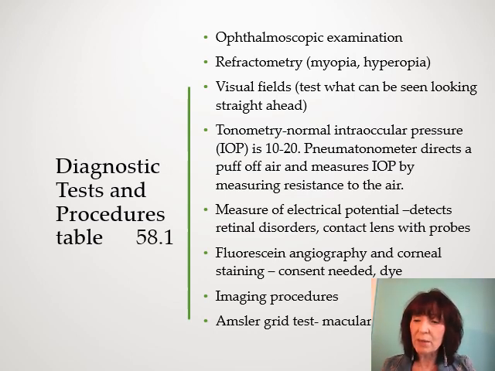Then we've got some imaging procedures that can be done, and the Amsler grid test. The Amsler grid test is used to monitor for changes in vision with macular disease. So macular degeneration, that test might be done with that kind of patient.